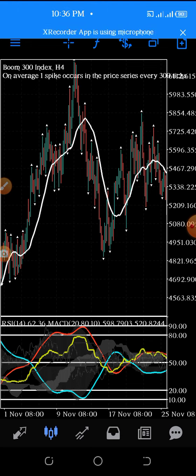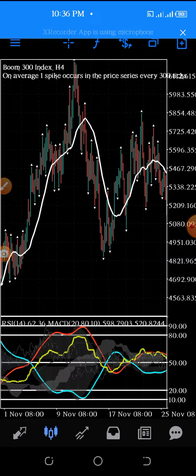The third one, and very, very important, is what is the best signal to enter the market? This means the best conditions, the right time to execute a trade, buying or selling. That is the third question.